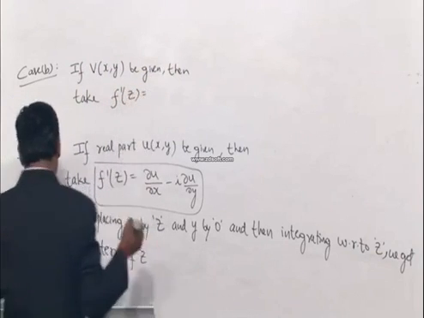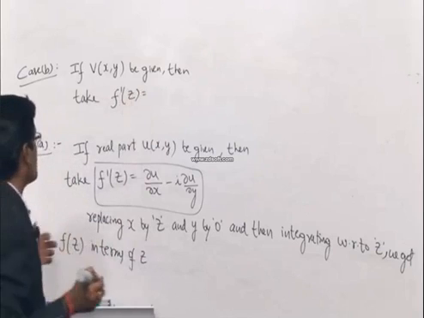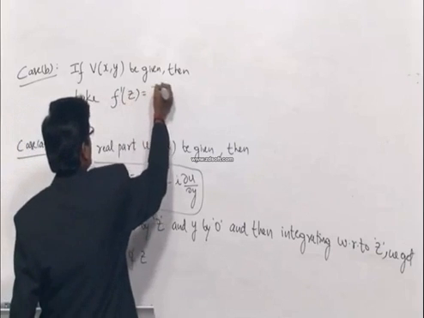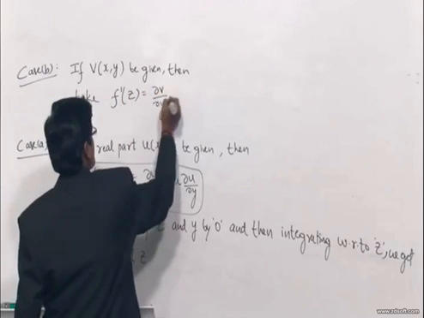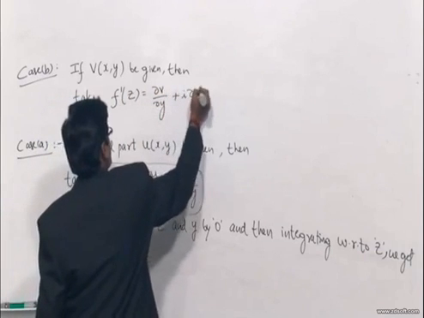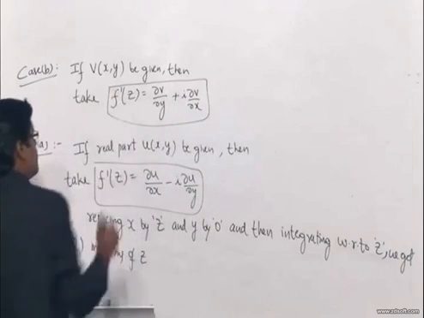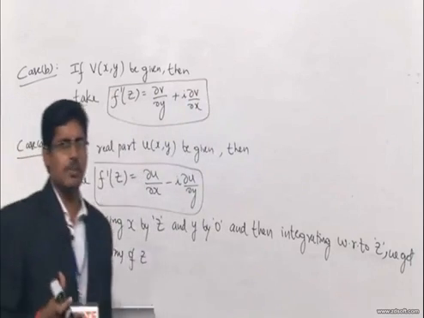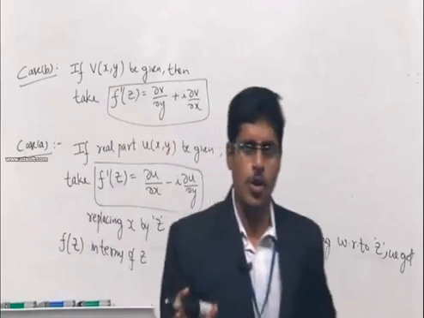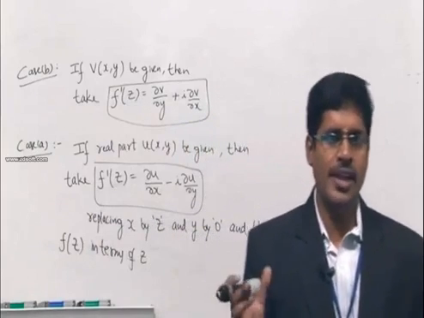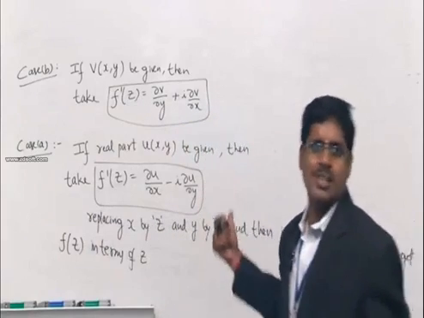Because v is given, find the f dash z formula such that both terms contain v: dou v by dou y plus i times dou v by dou x. It is not required to memorize both f dash z formulas in this method; it is sufficient to remember the original f dash z formula, dou u by dou x plus i dou v by dou x. Then with the help of CR equations we will get both cases.